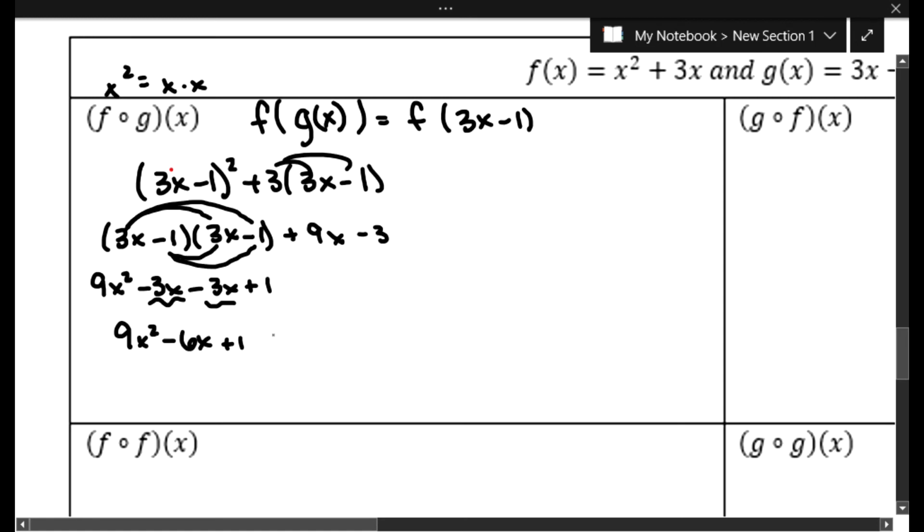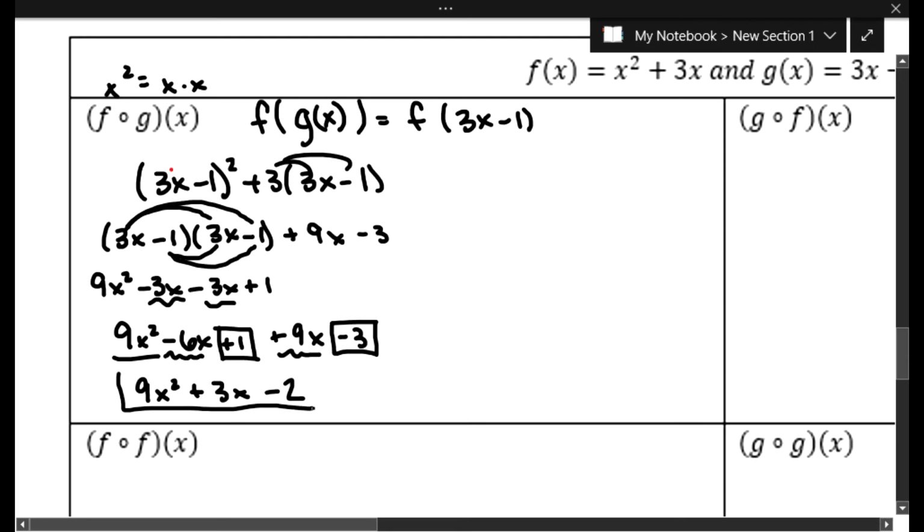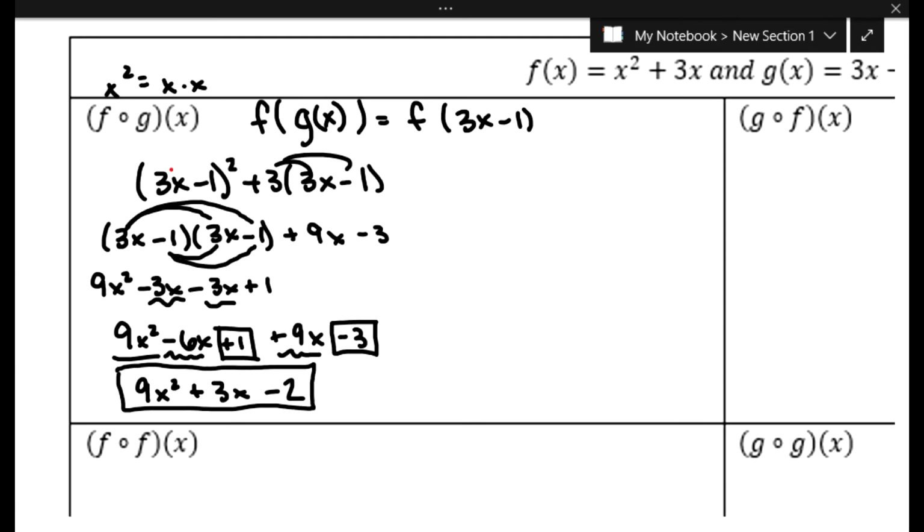And I'm just going to bring down the plus 9x minus 3. I'm going to look for like terms. I've got a 9x squared, no like terms. I've got a negative 6x and a positive 9x. That's going to give me positive 3x. And a positive 1 and a negative 3 give me negative 2. That is f of g of x. I'm plugging the g of x function into the f of x function.